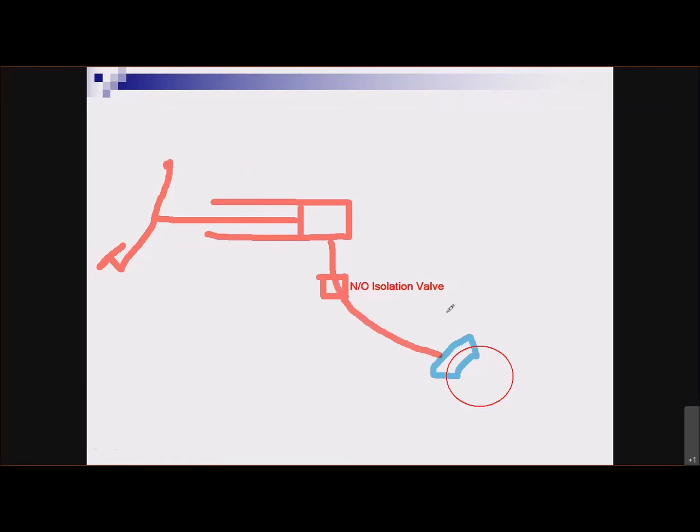And then we have, let me just add in here, and the drawing's not going to be great, a normally closed vent valve or vent solenoid. I'll just put that here.